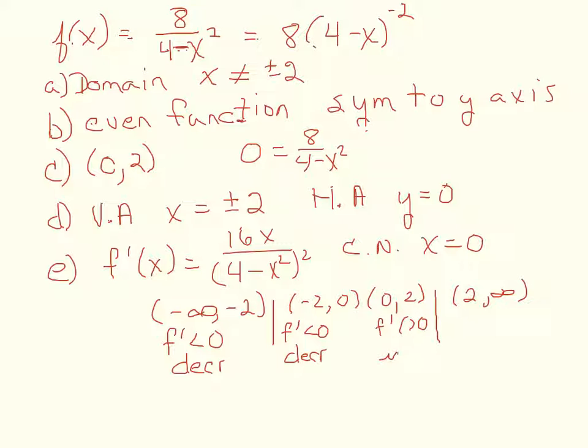So we're increasing. Because the derivative changes from negative to positive, we're going to have a relative min at the point 0, 2. And then if we plug in something greater than 2, it's going to be positive, and so here we are increasing.